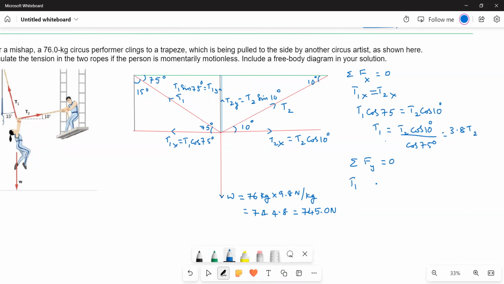T1y plus T2y is equal to W. So T1 sine 75 plus T2 sine 10 is equal to 744.8.